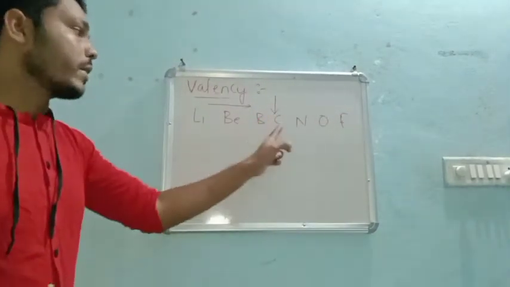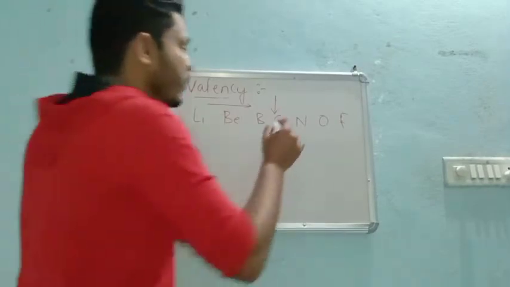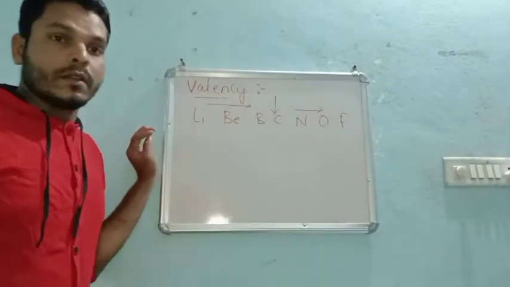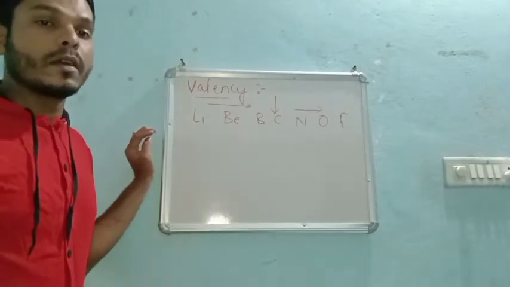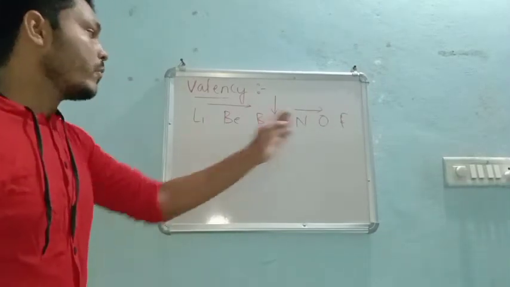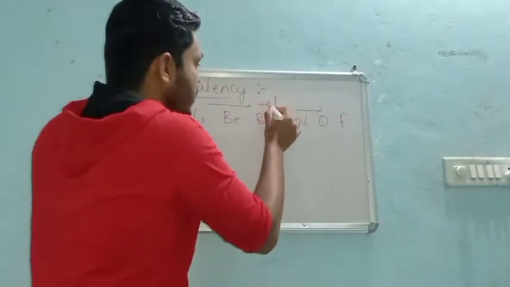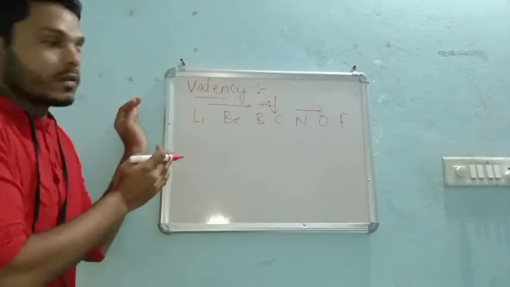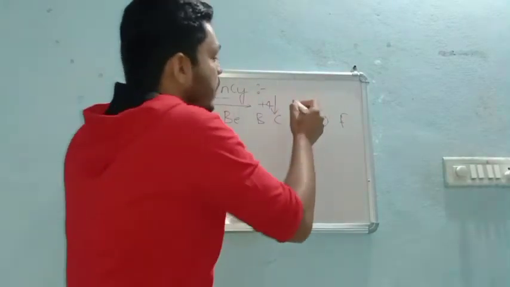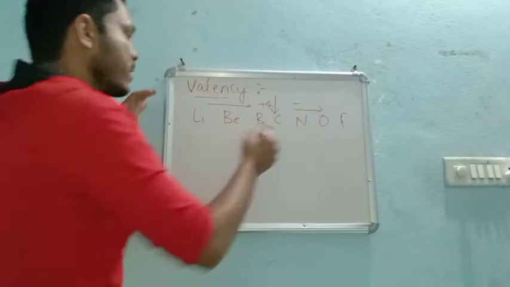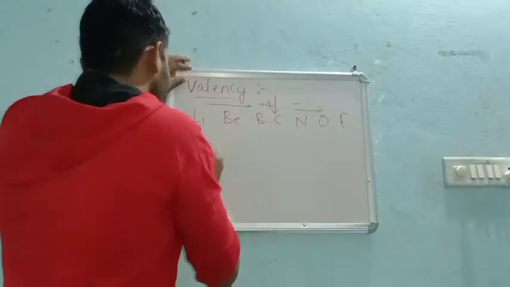Till here it's okay. But from here on, what happens is we see a different type of electronic configuration and valency. Till here we can see the valency in positive form, but after carbon we see it in negative form, right? How? We will check. Nitrogen.